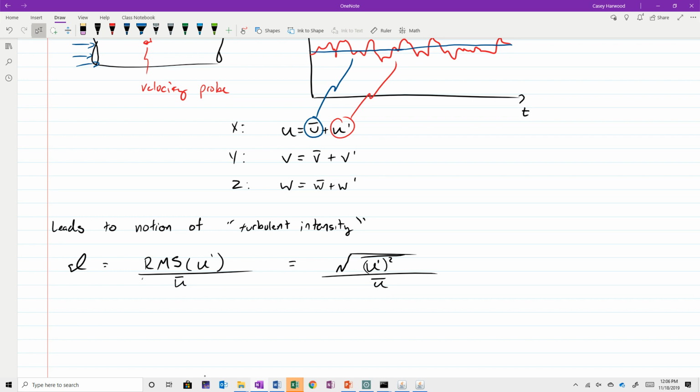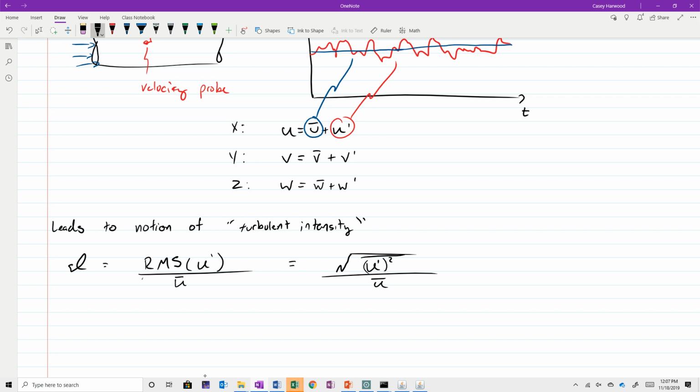A low number would indicate that the fluctuating component is vanishingly small, which would mean that the flow is approaching something like laminar, that it's very steady. A very high number indicates that the flow is extremely turbulent and the fluctuations are dominating, that most of the kinetic energy is buried in those fluctuating parts.